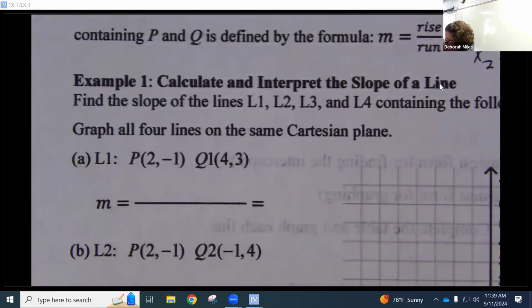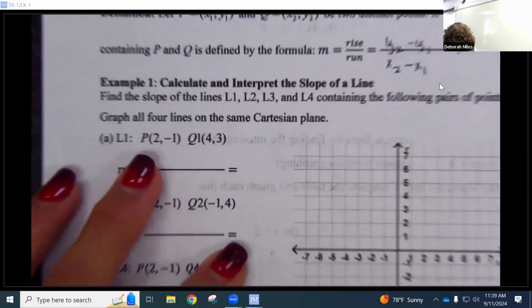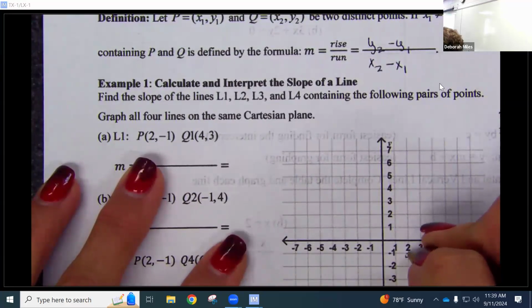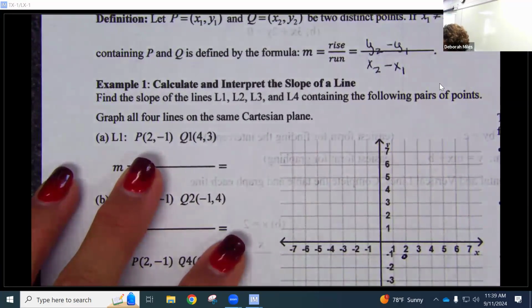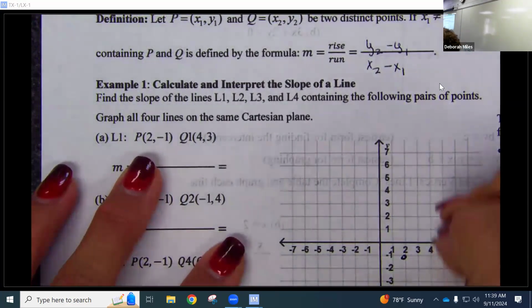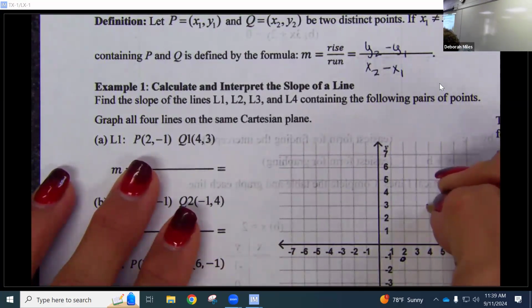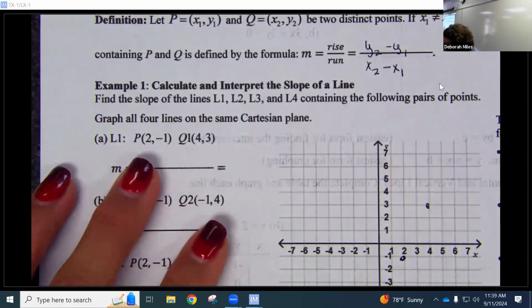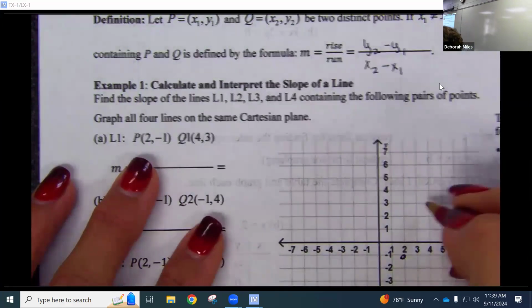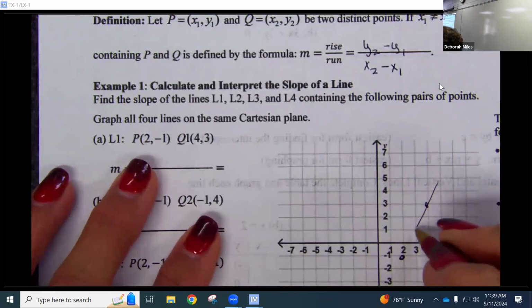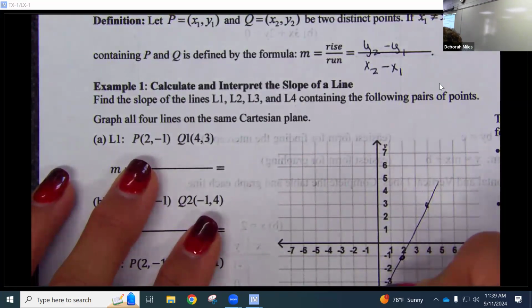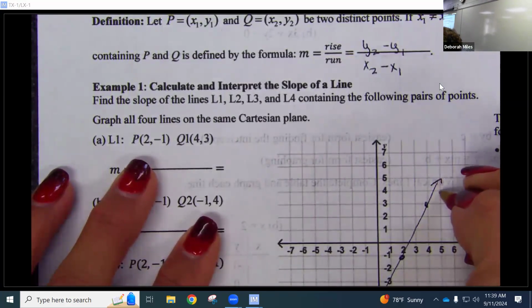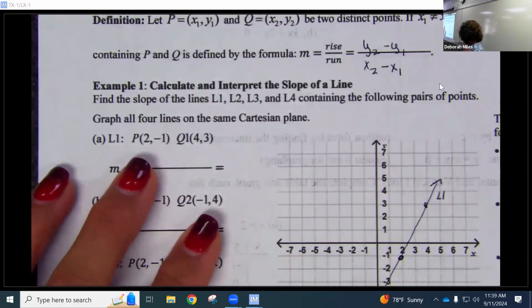Line 1 is from the point 2, -1 to the point 4, 3. Very best line without a ruler.